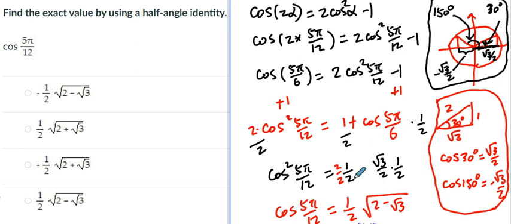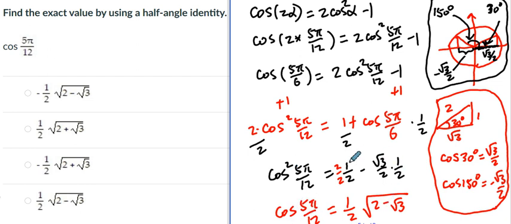On the right hand side, you have 1/2 from here, and then 1/2 times this value, which is again negative radical 3 over 2. So for cosine 5 pi over 12, you choose the square root, and you will get that.